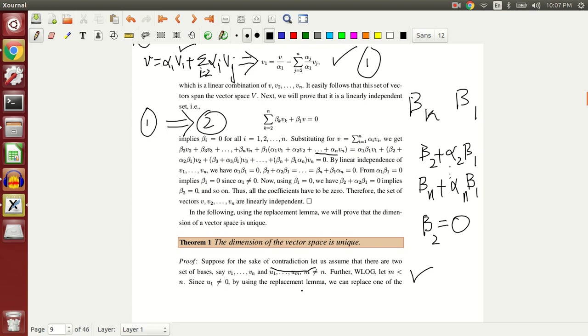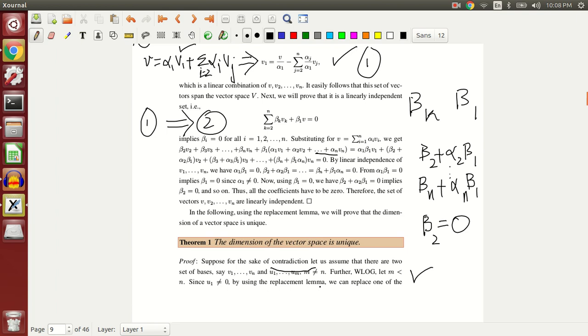For this to work, let's say we take one of the vectors. These can be zero vectors too. So let's say we take one vector from the smaller vector set, u1, and let's suppose that is not equal to 0, which is very important. Let's take u1 and replace it in this set.